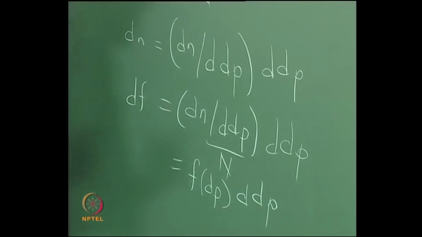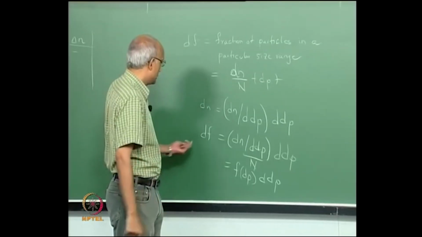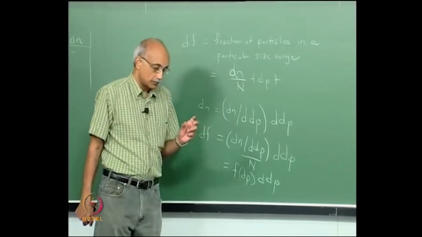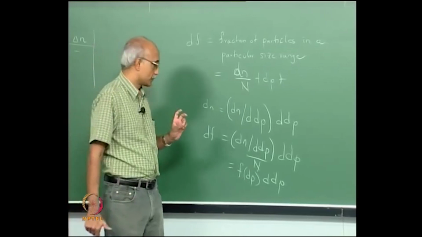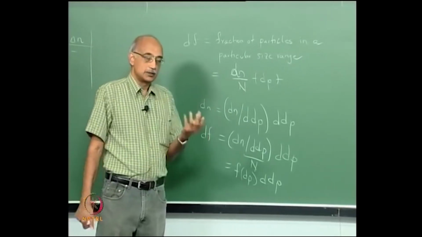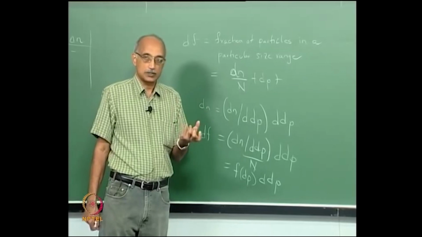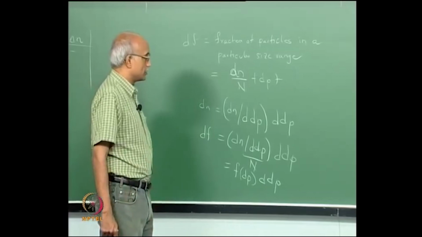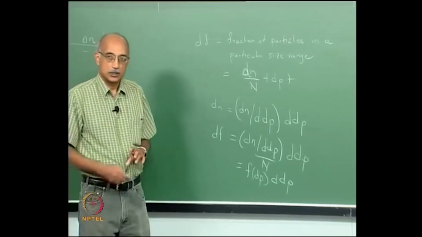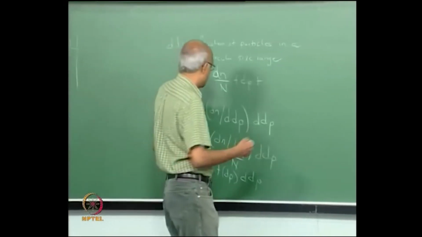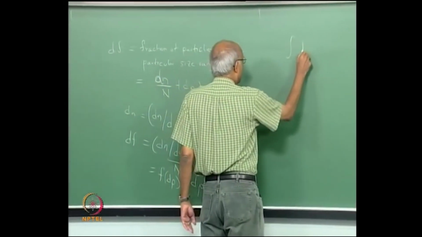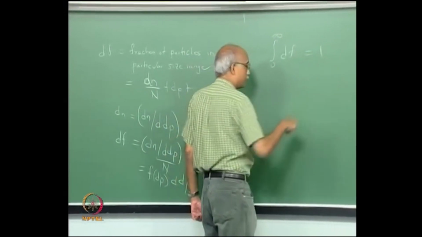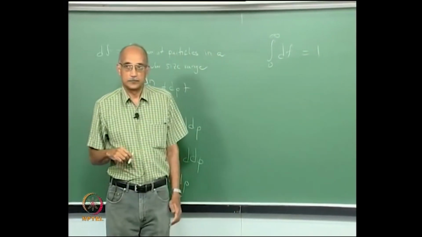So, the final equation that we come up with is that df, which is a fraction of particles in a particular size range, is the frequency factor f of dp, which relates to how many particles are present in a particular size range, multiplied by the width of the size range itself. Now, once you have established the value in this form, the integral of df from the lowest measurable value to the highest measurable value must be equal to 1.